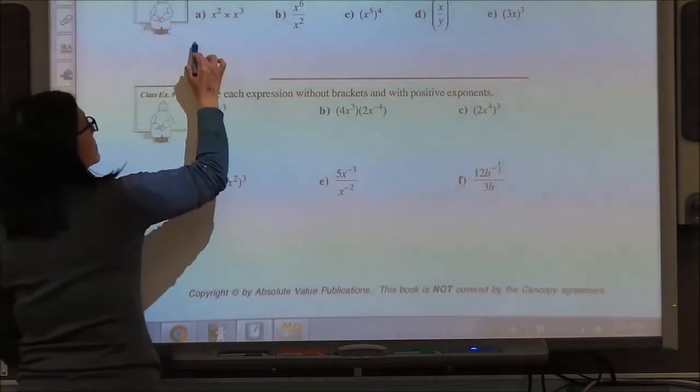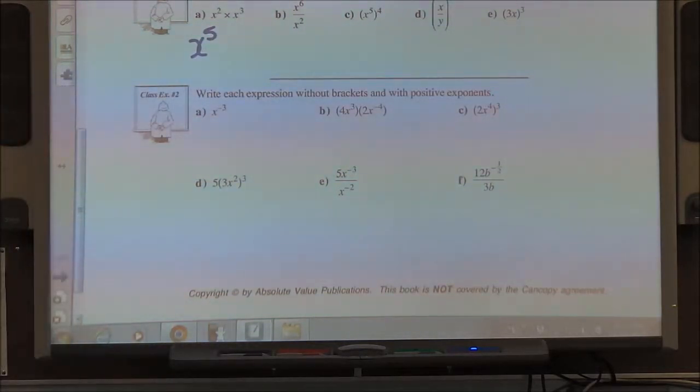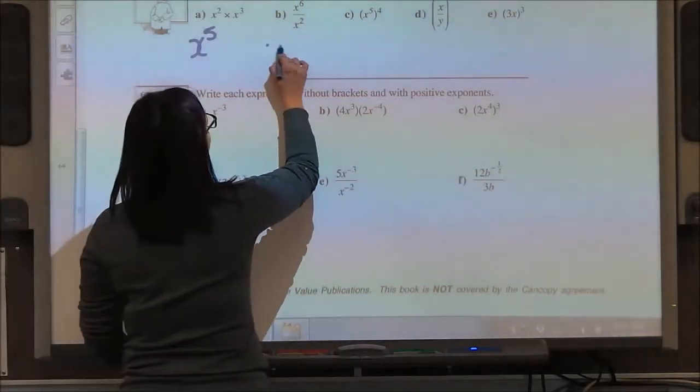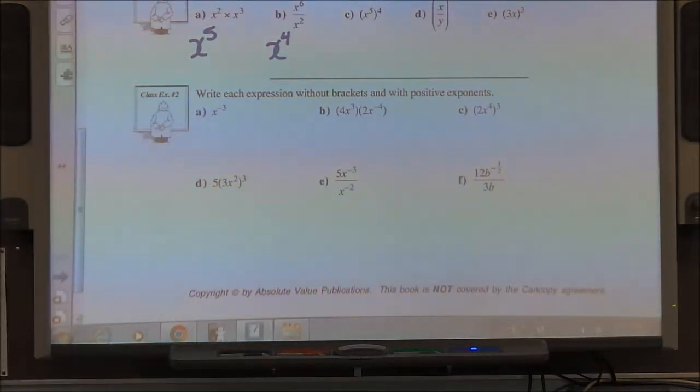Okay. If I have x to the power of 6 divided by x squared, x to the power of 4. 5x to the power of 5, which is then raised to the power of 4. X to the power of 20. Okay?